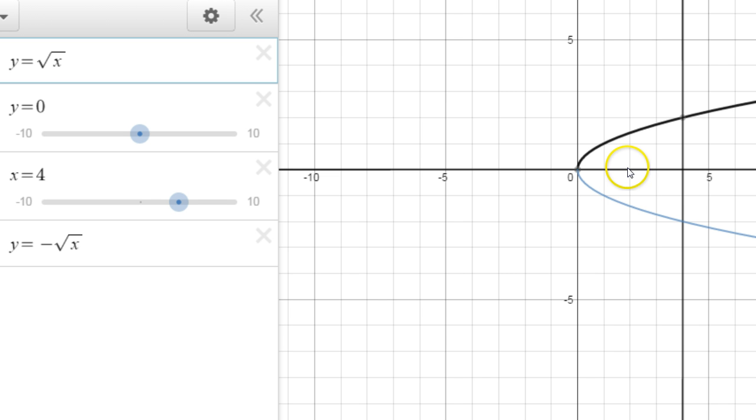So what you want to be able to do is think of a small disk in here. Remember there's going to be an infinite amount of them that we're working with, and it's going to go top to bottom. What we're going to be using is the radius. The radius in terms of function is going to be the function y equals the square root of x. So our radius is square root of x as we go up.